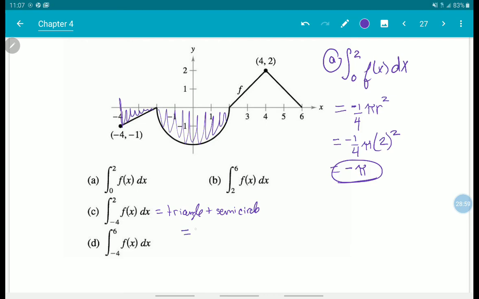So let's find the area of that triangle. The area of a triangle is 1/2 base times height. The area of a semicircle is 1/2 pi r squared.